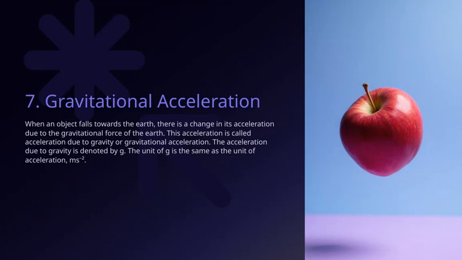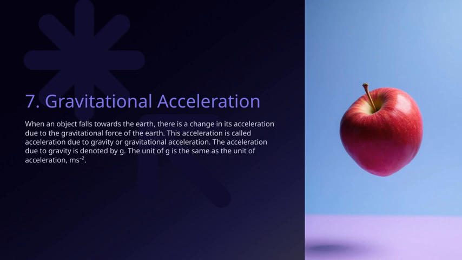When an object falls towards the Earth, its acceleration isn't constant in the way we might initially think. Instead, it changes due to the gravitational force exerted by the Earth. This specific acceleration is what we call the acceleration due to gravity, or gravitational acceleration. You'll often see it denoted simply as g in equations and diagrams.